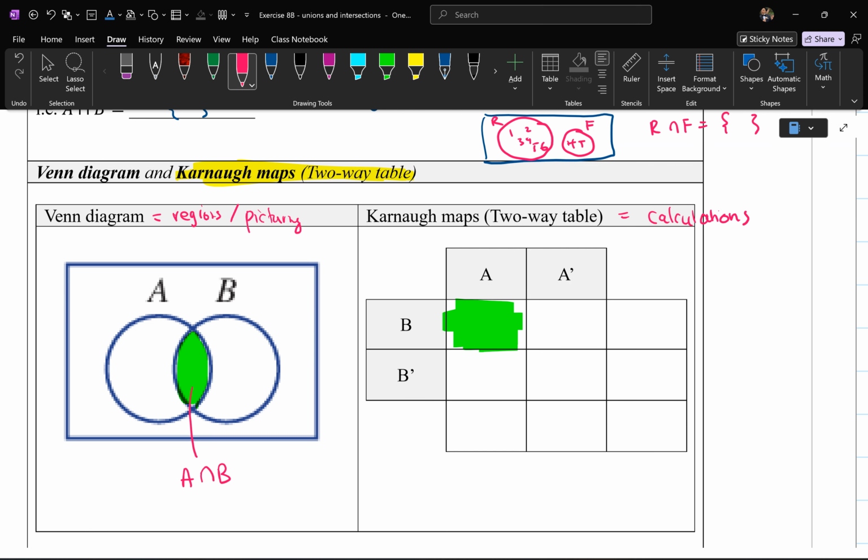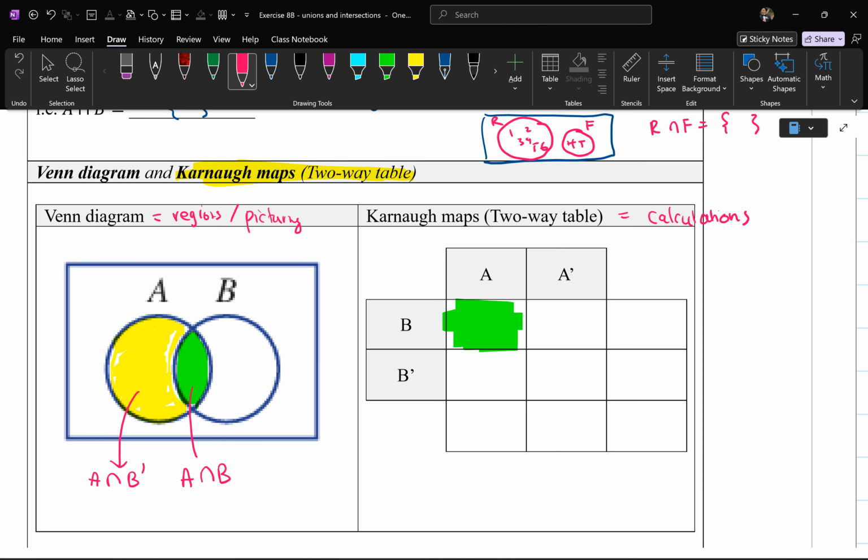So let's look at this region then. What if I color this region in yellow? Anyone remember back in year 7 and 8? What's this region called, specifically just the yellow? It's got A there, but not B. Doesn't have B in there. So that would be... Very good. A and not B. Was that what you were thinking?